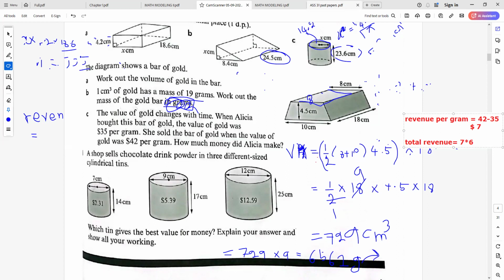That would give me 7 times the mass, which is the total in dollars. So by selling this gold bar, she will make this amount of money.